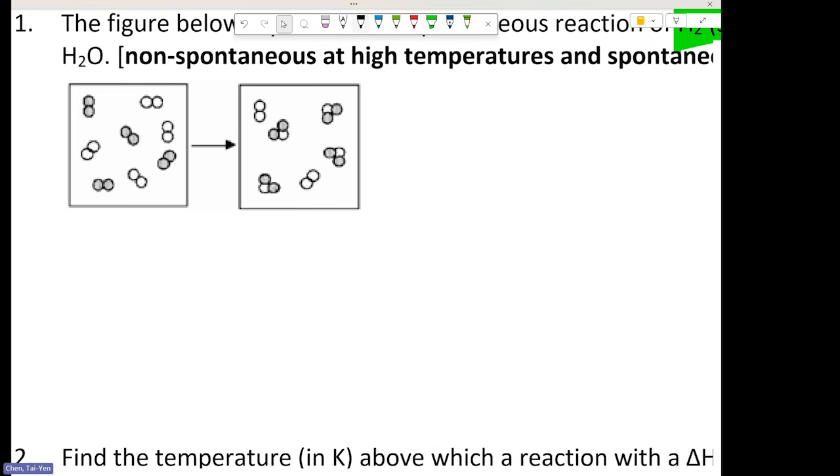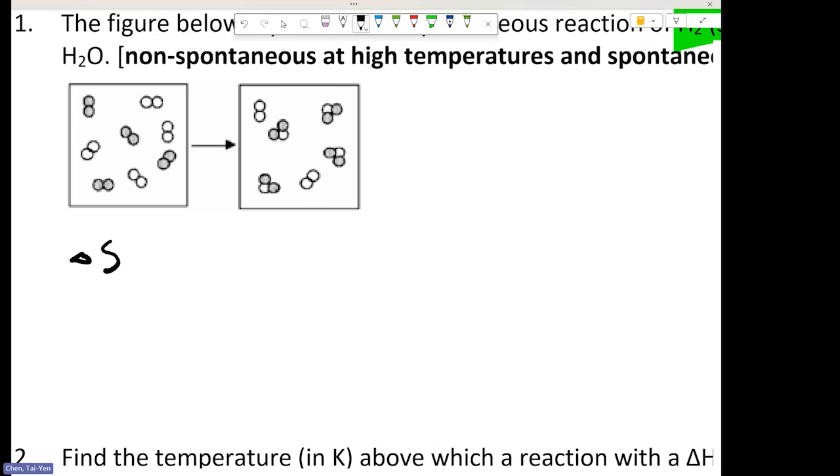So how do you count? Is the delta S positive or negative when you go from the left to the right? How do you know it's negative? The way you know is by counting the number of gas molecules.